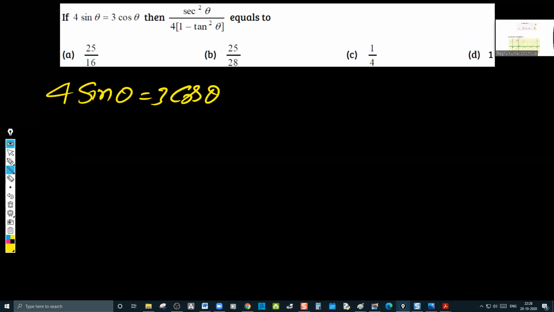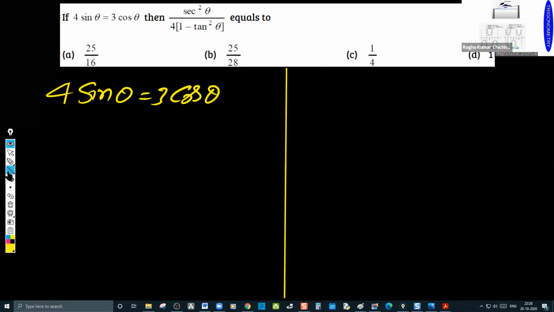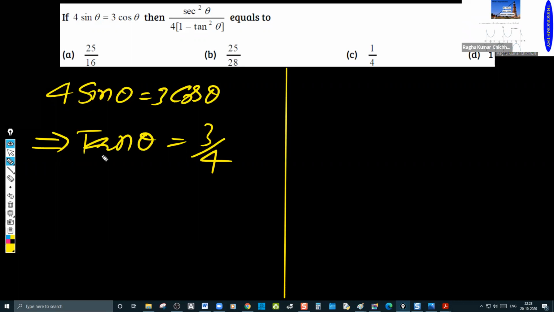Come on, tell me what is to be written next. Tan theta equals 3/4. You're right. Then what next is to be done? Secant square theta can be written as 1 plus tan square theta. That's good.